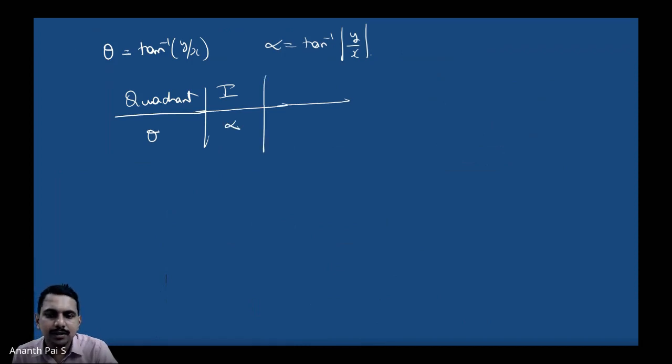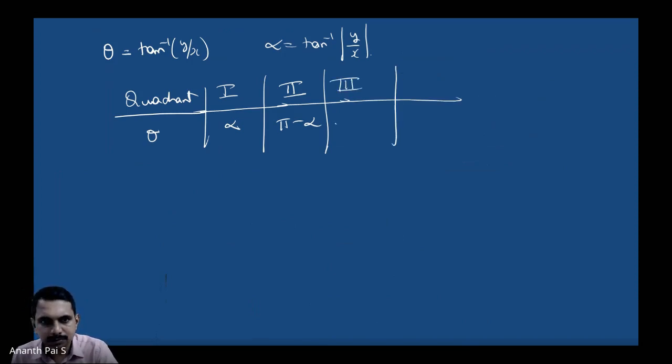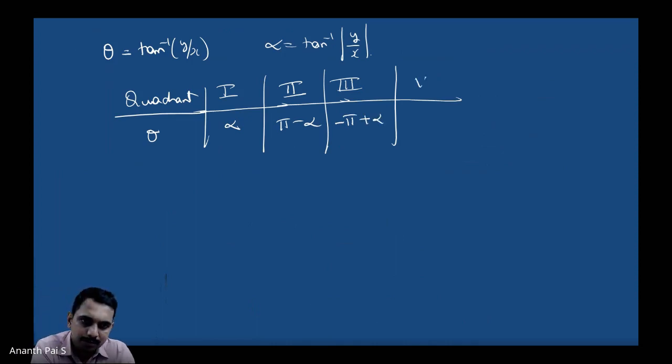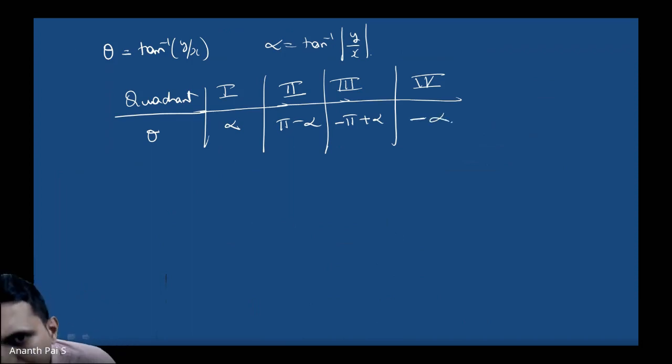If it is the second quadrant, theta is equal to pi minus alpha. If it is third quadrant, this is very important to understand, it is minus pi plus alpha. Same thing we used in complex numbers, if you remember, Samarth. If it is in fourth quadrant, it's minus alpha. That's easy. This is very important to understand.